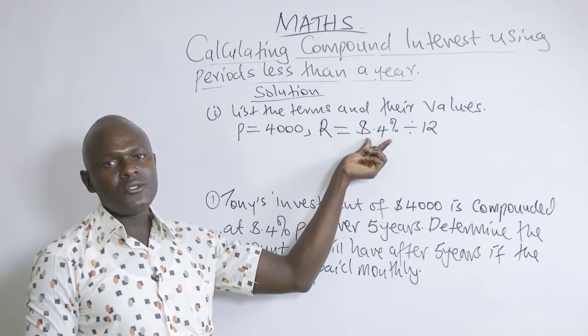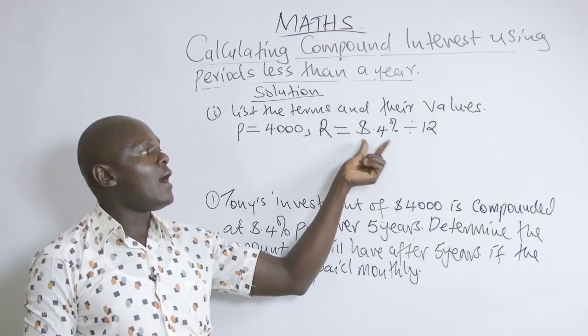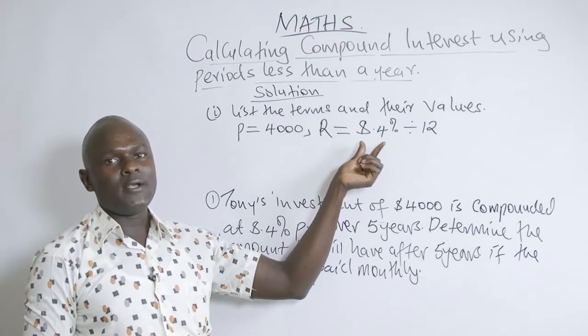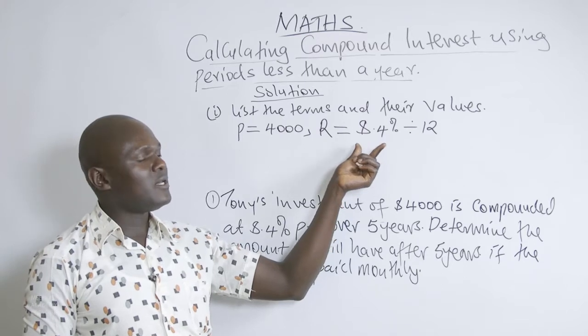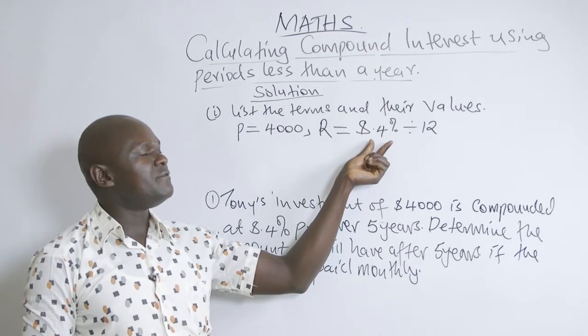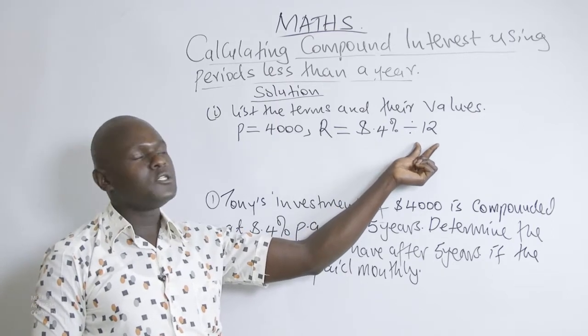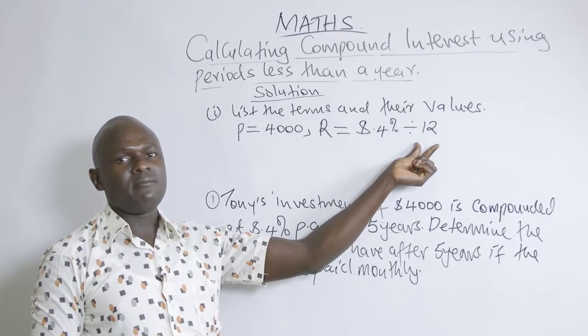This is a percentage, and we have learned how to convert a percentage into a decimal number. We said that will be basically by dividing by 100. So when we divide by 12, we are converting to rates per month.